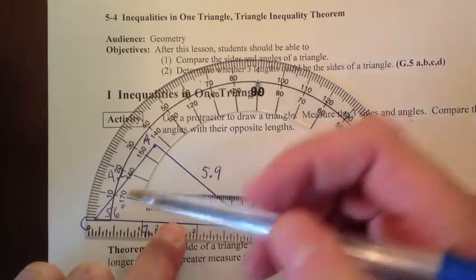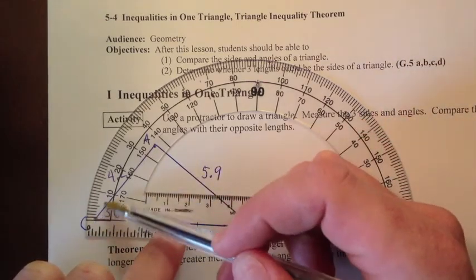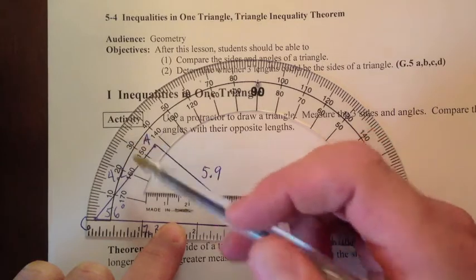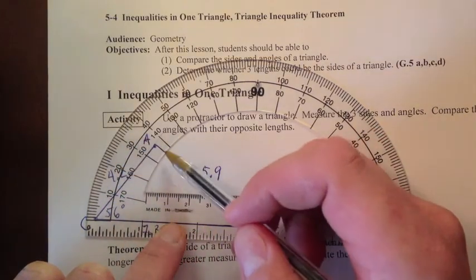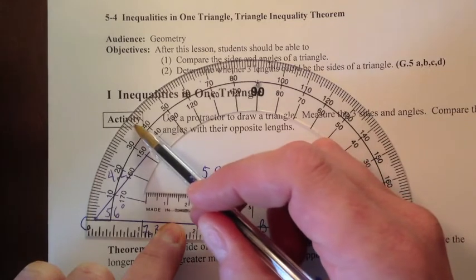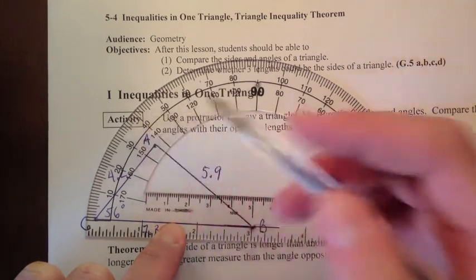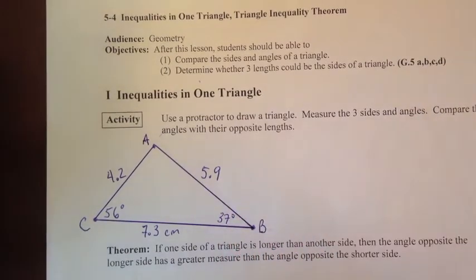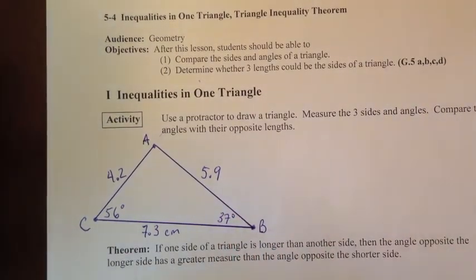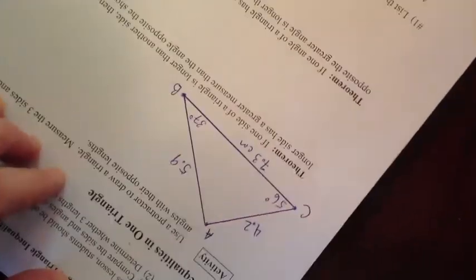Okay, so I'm starting at 0, but now 10, 20, 30, those are my top numbers. So I'm going to go all the way around here. Now if I extend this, that's probably about 37 degrees. So there's 37. Now the last one, I'm going to do A, and to do that, I'm actually going to turn it kind of sideways here.